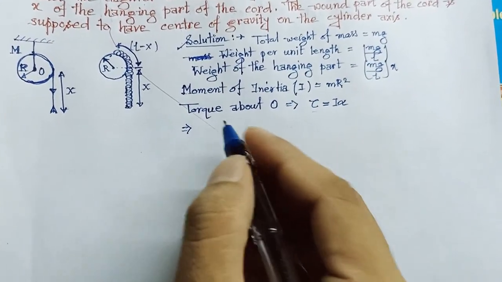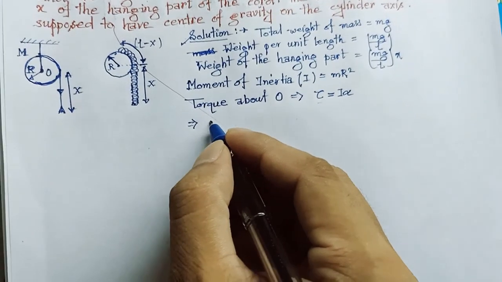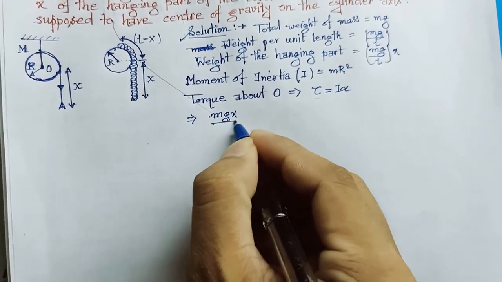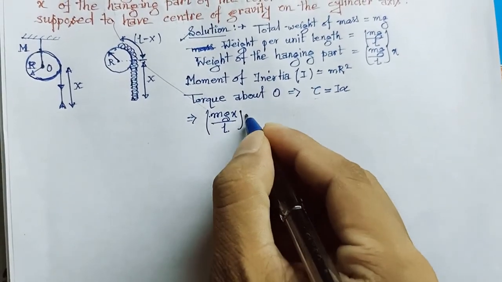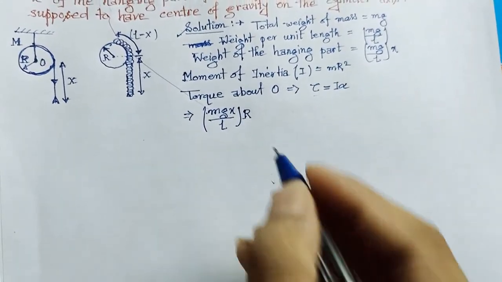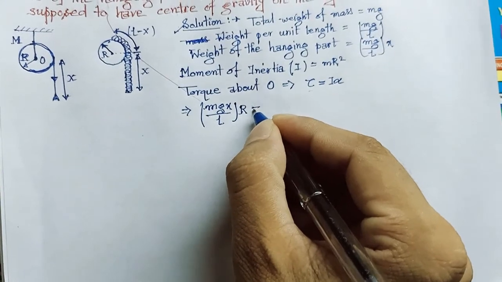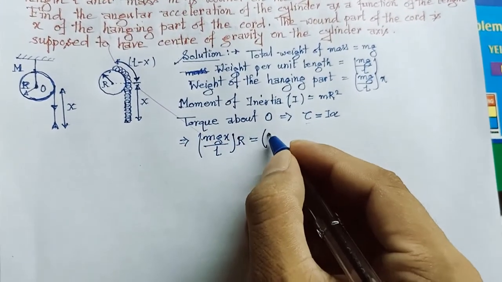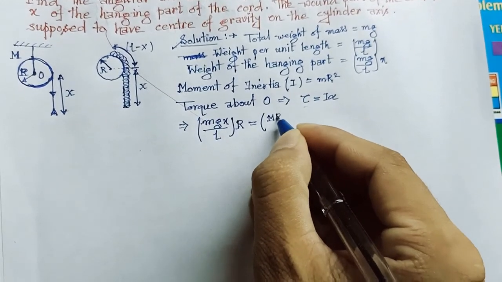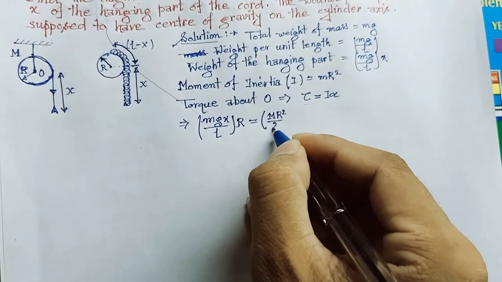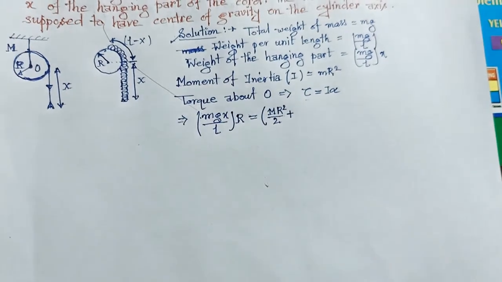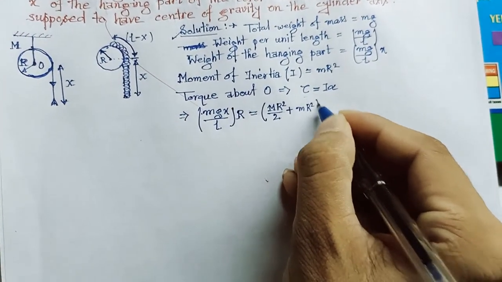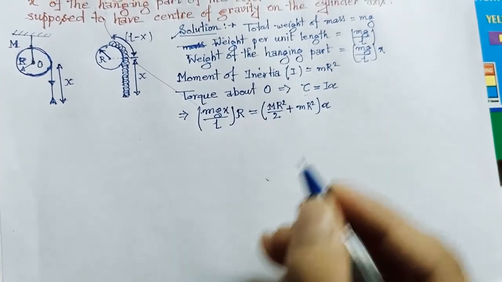now torque is equal to force due to weight, that is equal to mgx divided by L into its corresponding radius. Force into radius is equal to torque, which is again equal to total moment of inertia of the system. Now moment of inertia for the cylinder is Mr square divided by 2, and moment of inertia for the hanging mass is equal to small m r square, and it is multiplied by alpha for finding the torque.